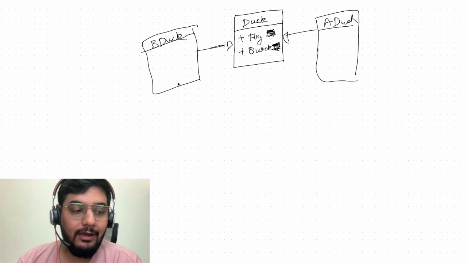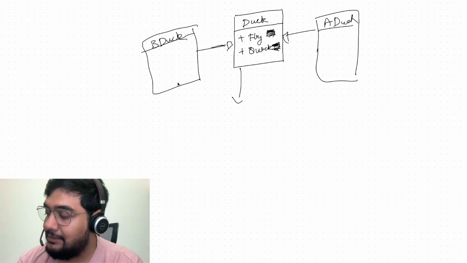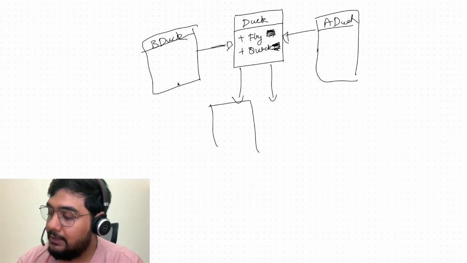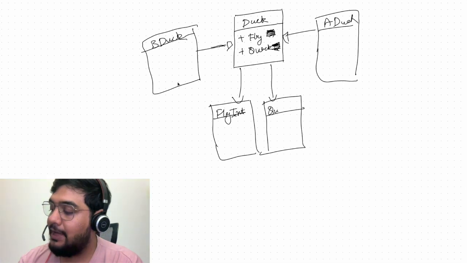Then we definitely need to have a has-a relationship, and in this relationship the fly behavior will be implemented. This fly is again the fly interface, or the behavioral interfaces. So let's say we have fly and quack interfaces: in the fly interface we have a fly function, and in the quack interface a quack function.